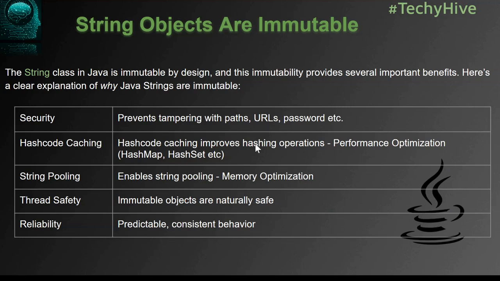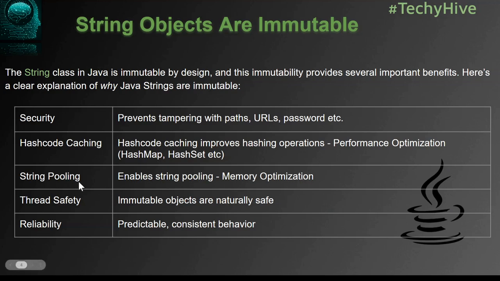This is a performance optimization, because a string cannot be changed, so the hash code is always valid. The JVM keeps the hash code for a string in cache, so that the next time the same string is used as a key in the HashMap, the same hash code can be reused.